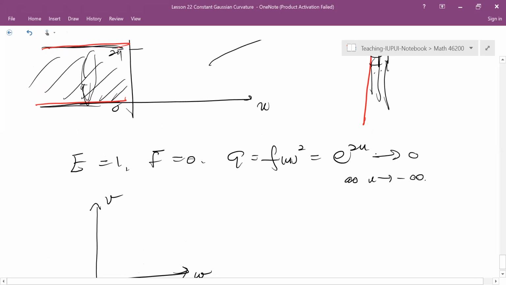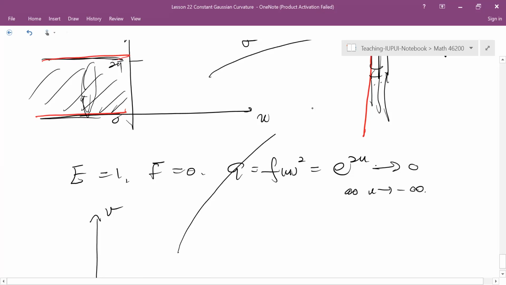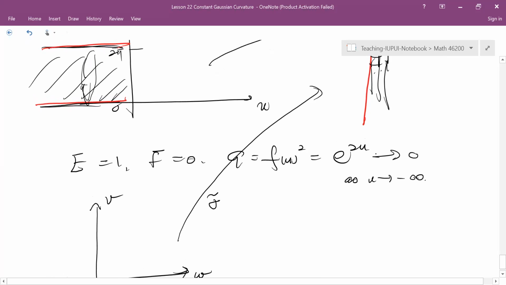I want to construct another one, right? I want to construct from here to here. This is sigma 2. Okay. V is not changed, the W is changed. So the relationship between W and V is from here to here. Okay.